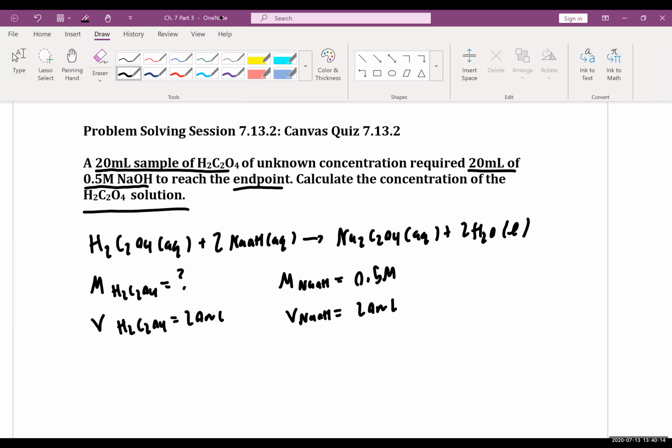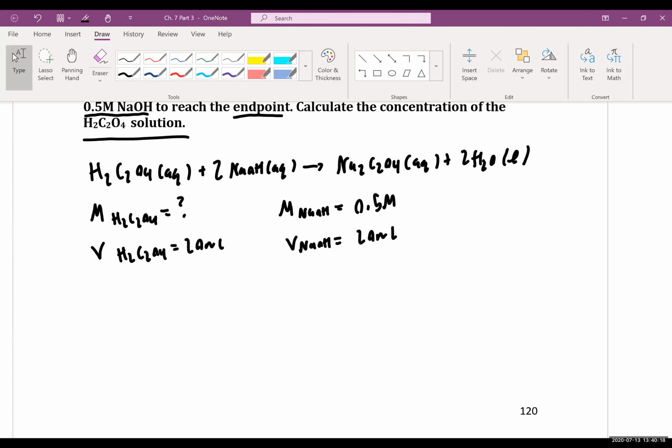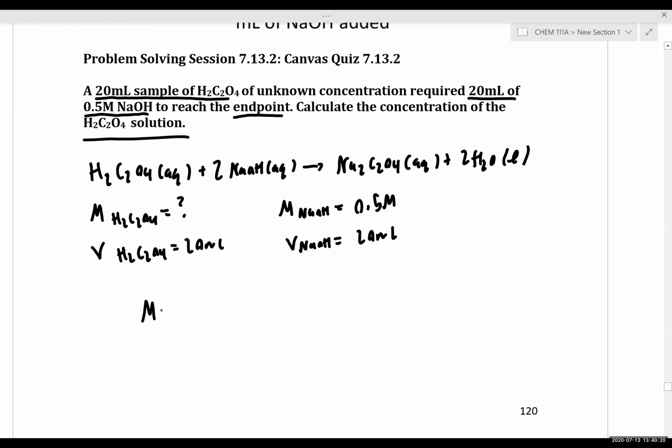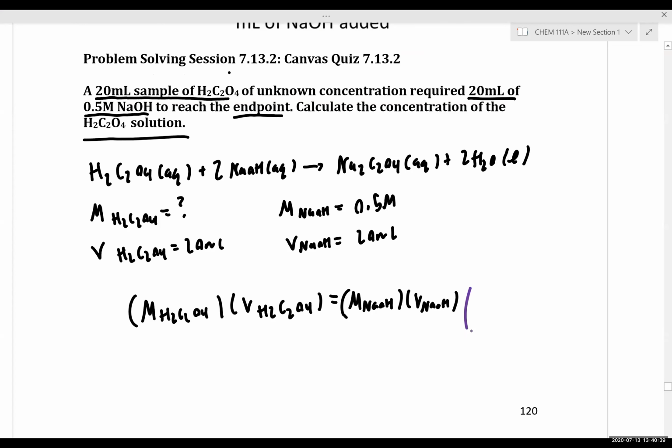Next, we're going to write out our equivalency at the equivalence point. We know that the molarity of oxalic acid times the volume of oxalic acid is equal to the molarity of sodium hydroxide times the volume of sodium hydroxide. And now is where we break out our stoichiometric coefficient.